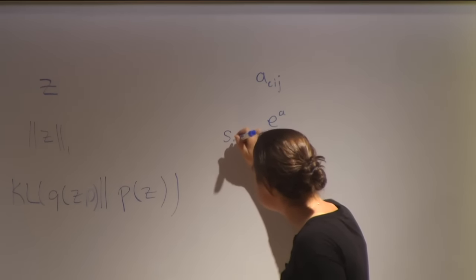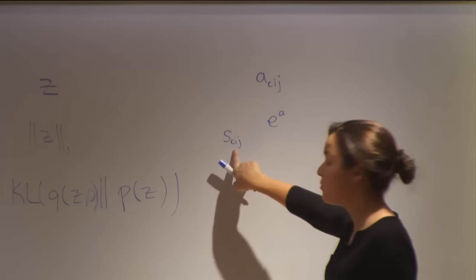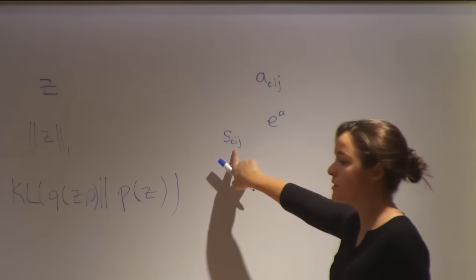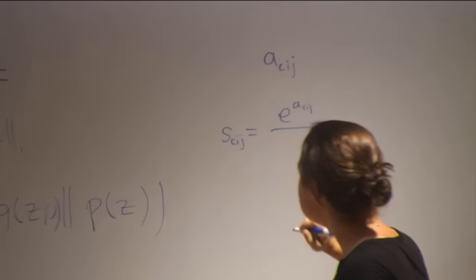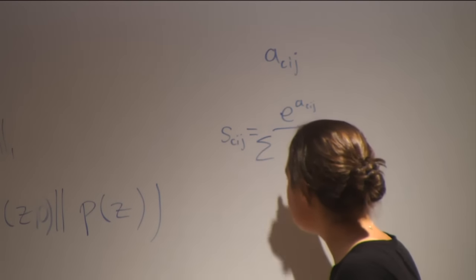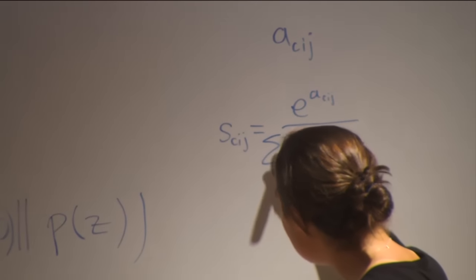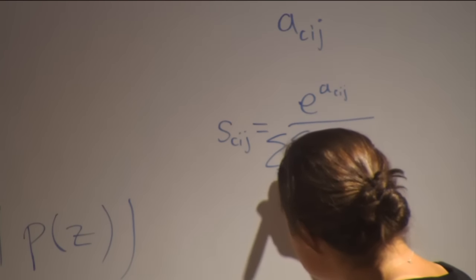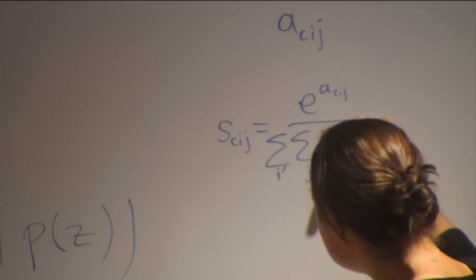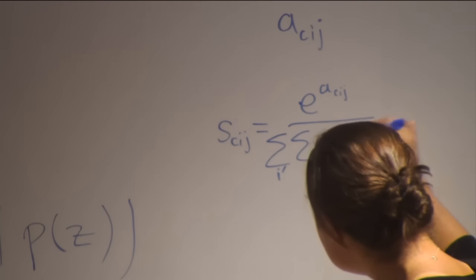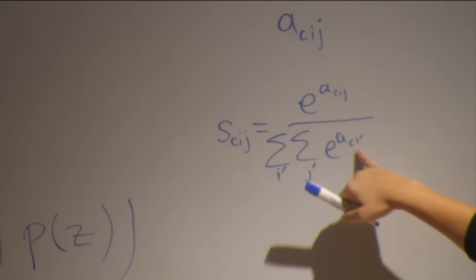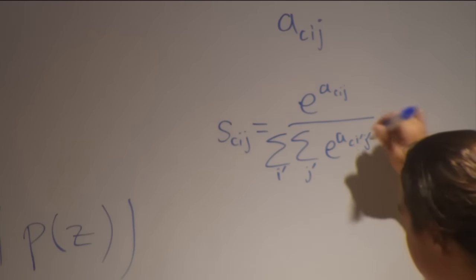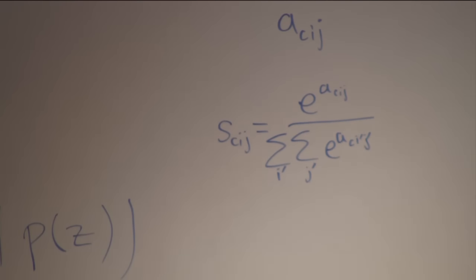So the output of the softmax for coordinate c, i, j is going to be the exponential of A_cij divided by the sum over i and the sum over j, and I'll put primes on there to disambiguate, of the exponential of A_c i' j'. So this is the softmax.